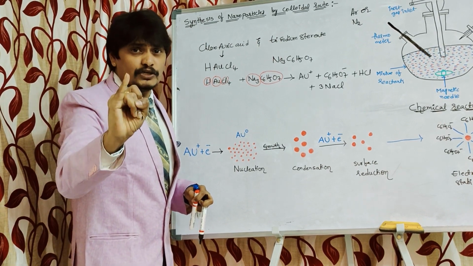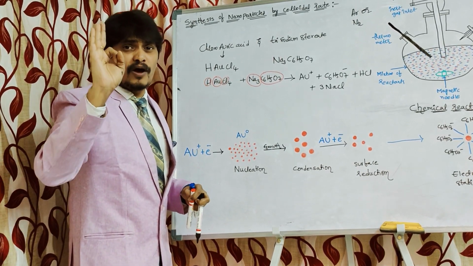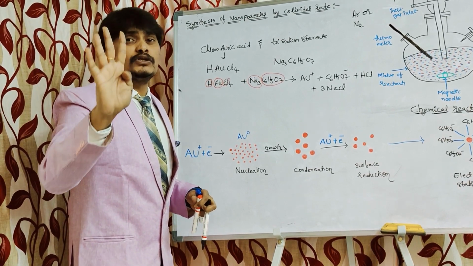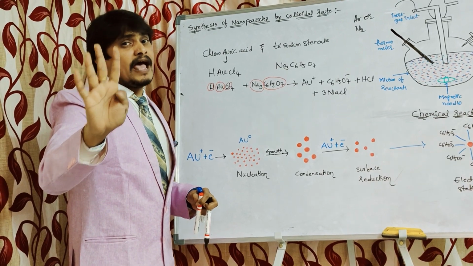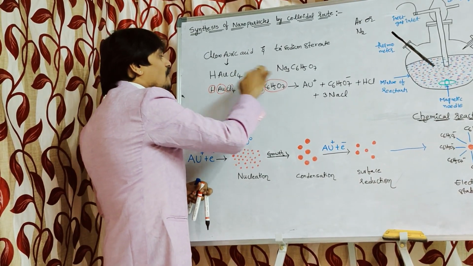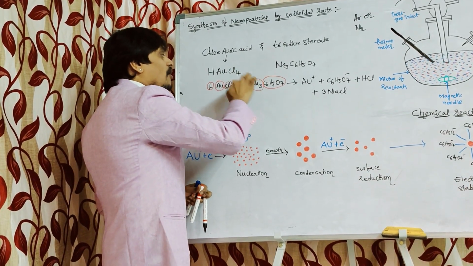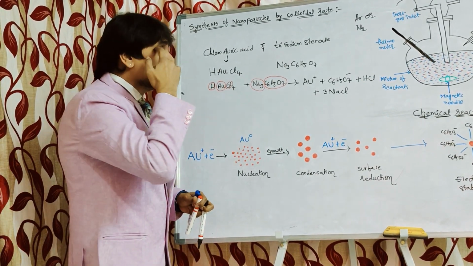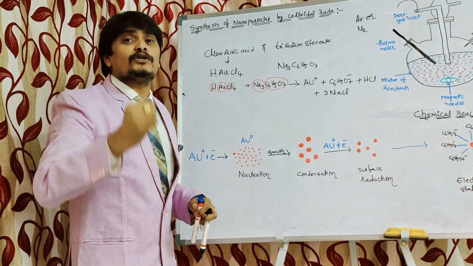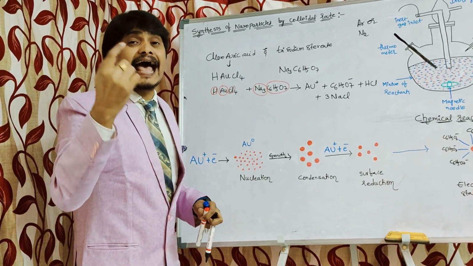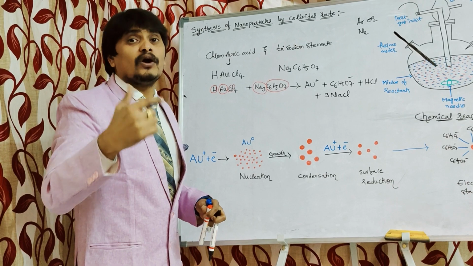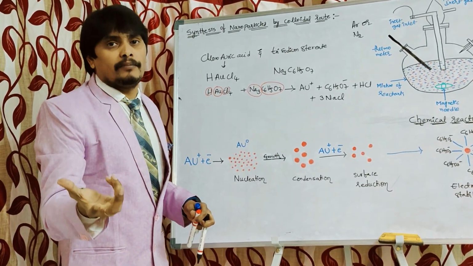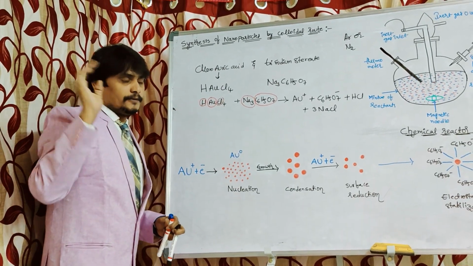One cation, one anion, one acid, and one salt. By seeing the molecular formula of the 2 reactants only, we have to predict the cation, the anion, the acid, and the salt which is going to be formed, but need not mug up.